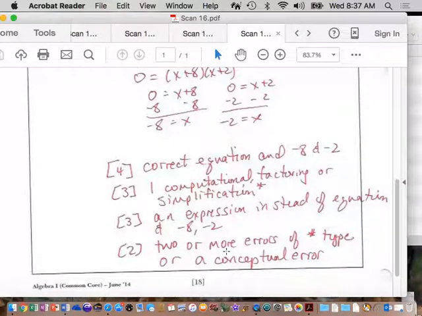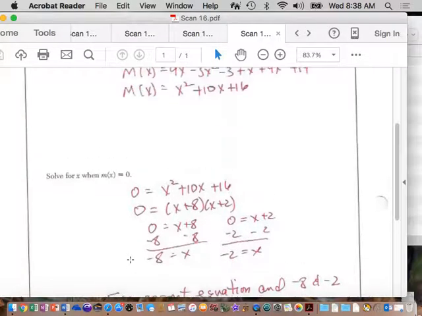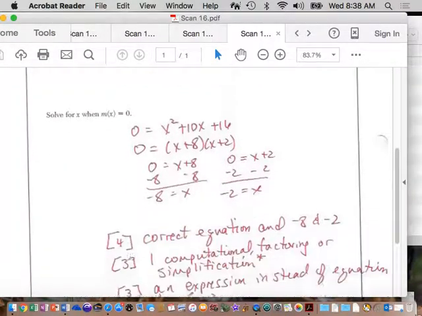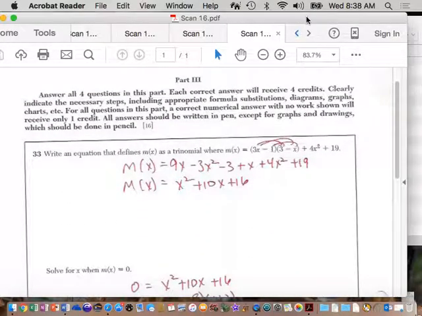If you make 2 or more errors of this type, that would mean 2 points. So if you made 3 errors, it's still 2 points off. All right? And then if you did just the tiniest little bit right, but most of it was wrong, you get yourself 1 point. And if it's completely off, then it's 0 points. Okay? Questions? All right. Let's go to the next one.